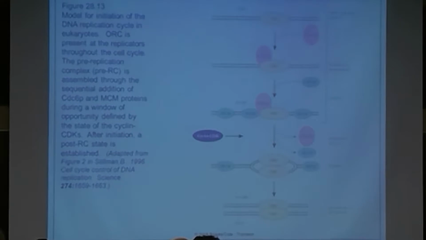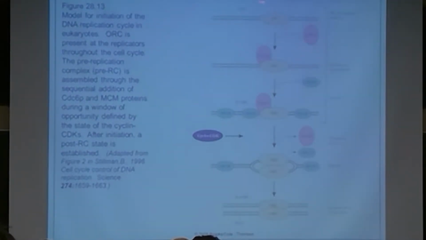Then you see something called ORC. ORC, that means it's a multi-protein complex which binds to the origin of replication. We are not getting into detail though. Okay? So there are many proteins which control the activation of origin of replication.